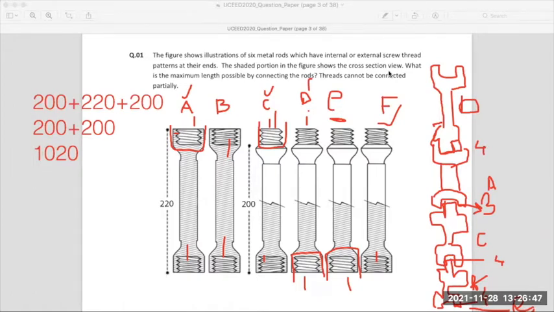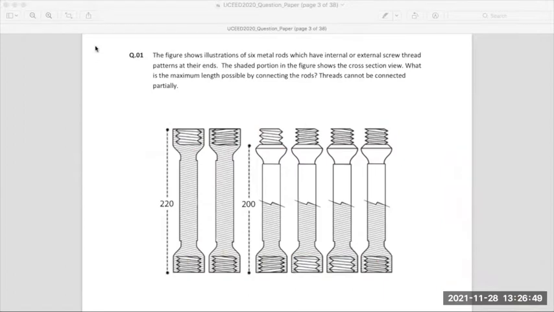Why is it required to solve this? It is to understand which rod won't get used and which rod gets used.